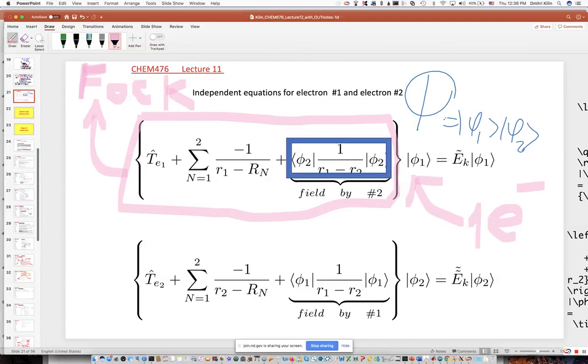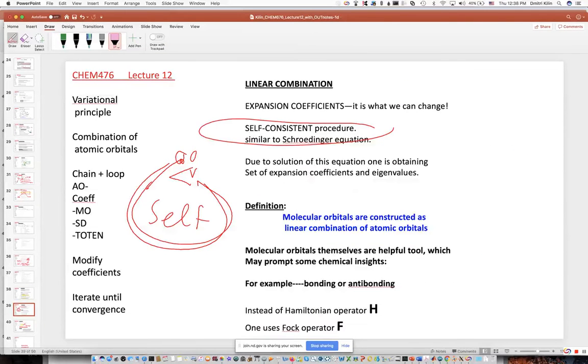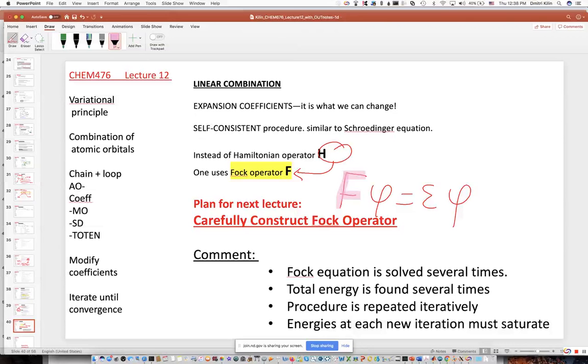Okay, I'm going back to where we stopped. So we are going to solve this Fock equation with the Fock operator to find one electron orbitals. Then out of these orbitals, we are going to find the electric field, electric potential, and then plug it into the Fock operator once again, and solve it again.